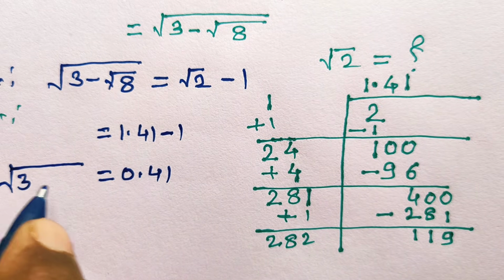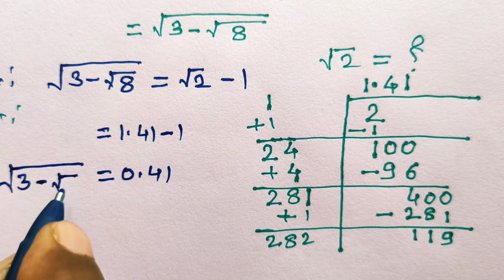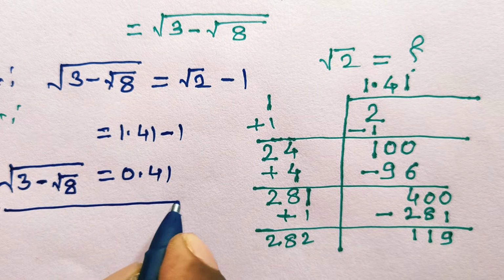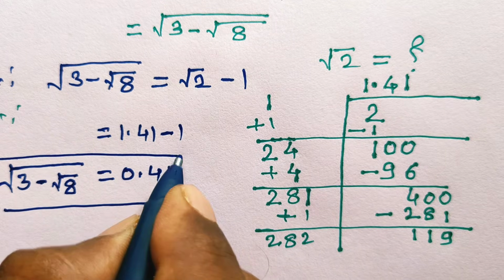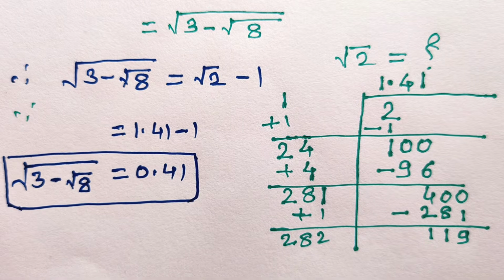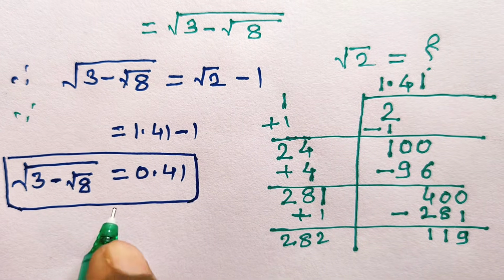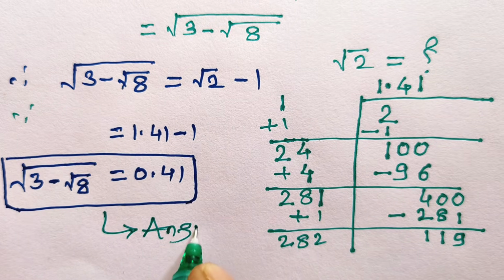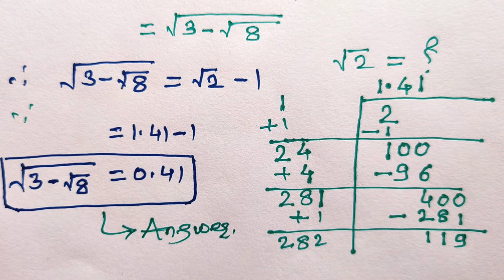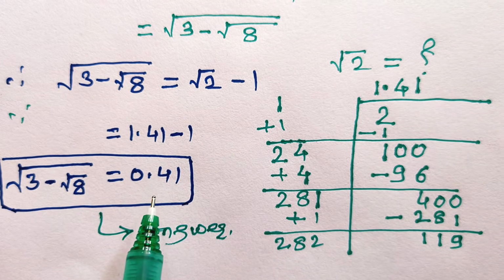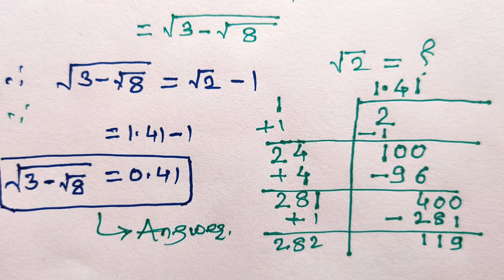Square root of 3 minus square root of 8 is equal to this approximate value, and hence this is the answer. In this way we can solve such type of sums. This is the approximate value, not exact value.